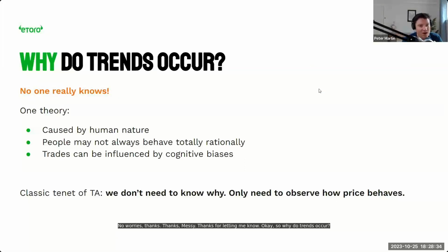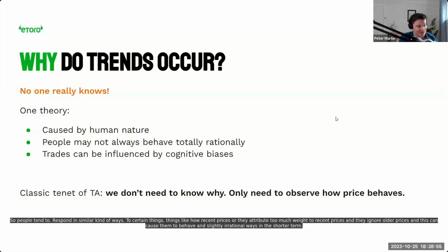Okay, so why do trends occur? No one really knows for sure why trends occur. There are some theories. One theory is that it's caused by human nature, that people don't always behave totally rationally, and trades can be influenced by these things called cognitive biases.